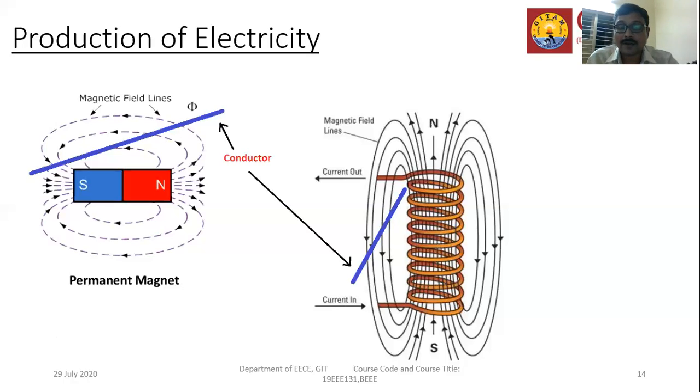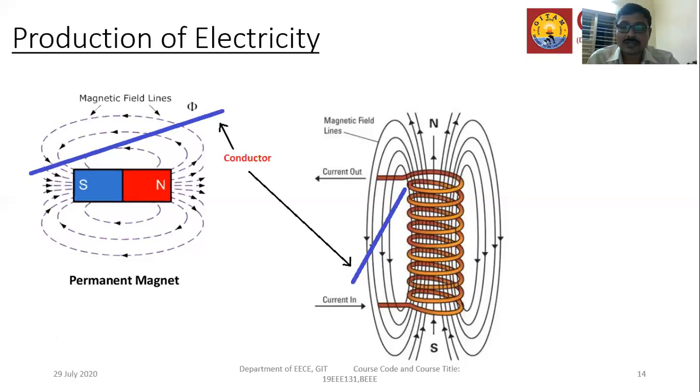Then you can have d by dt of phi, that is the rate of change of flux linking the conductor. In this case, neither the electromagnet nor the conductor is moving, and hence this is also called statically induced EMF.